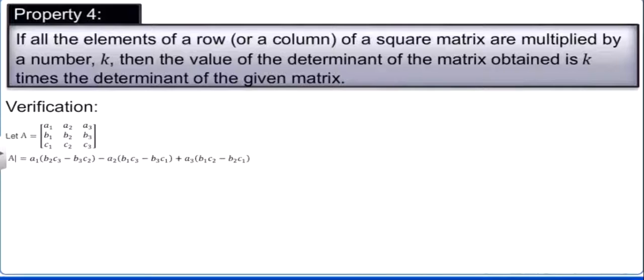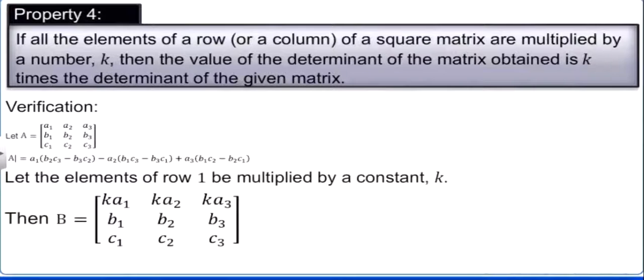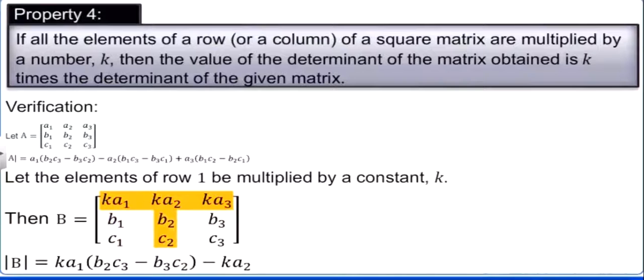Now, let B be the matrix obtained by multiplying each element of the first row by a constant k. Expanding B along the first row, we get k times A1 times (B2 C3 minus B3 C2) minus k times A2 times (B1 C3 minus B3 C1) plus k times A3 times (B1 C2 minus B2 C1).